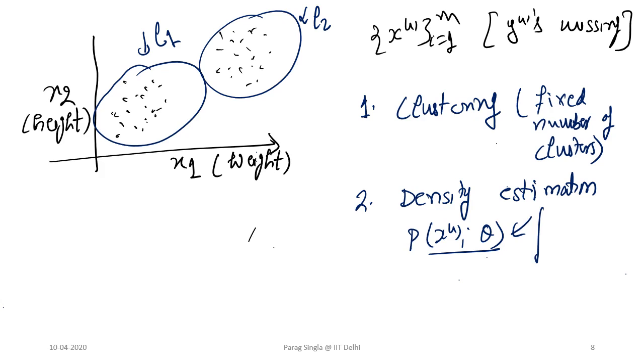The way we would do this is we would assume that there are some hidden labels zi's for each of these xi's, which are missing, and we will try to predict those, and then use those in turn to build our model of density estimation.